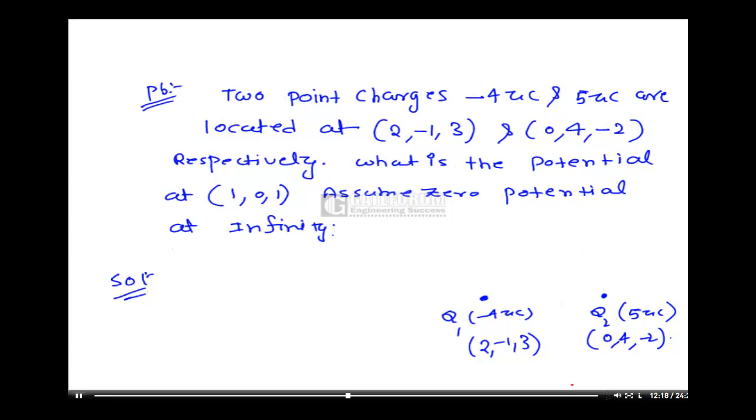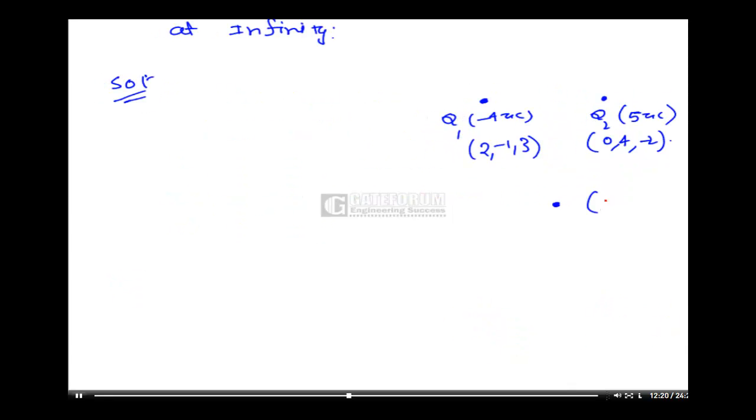I want to calculate the potential at the point (1, 0, 1). The distance due to Q1 is R1 and the distance due to Q2 is R2. Assume 0 potential at infinity. Since we have two charges, we apply the superposition theorem: potential is equal to V1 plus V2.